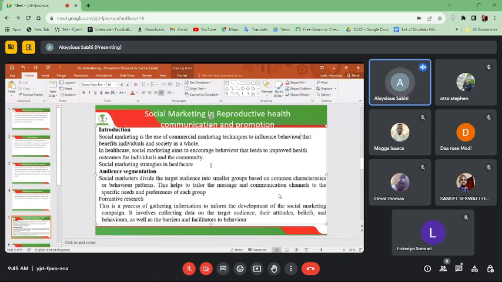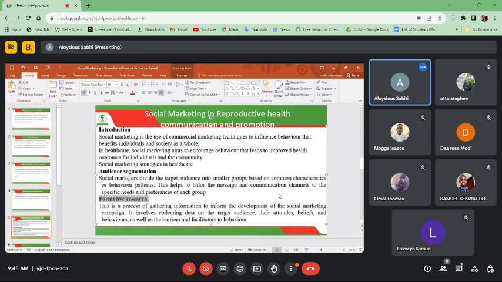So, the first strategy is audience segmentation. Social marketers divide the target audience into smaller groups based on common characteristics or behavior patterns. This helps to tailor the message and communication channels to the specific needs and preferences of each group.